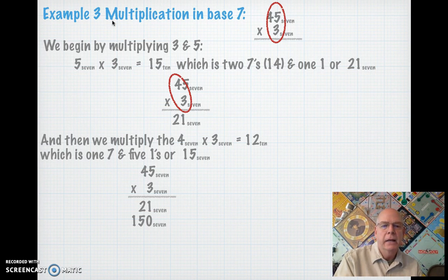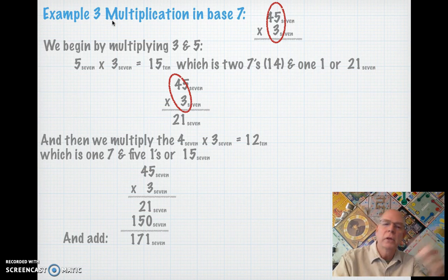Okay, and the next step in multiplication then, remember, is to add those. So we are going to add, and we get 171 base 7. However, that presents another problem because we don't have 7s in base 7. And so we have to convert that 7 in the middle.